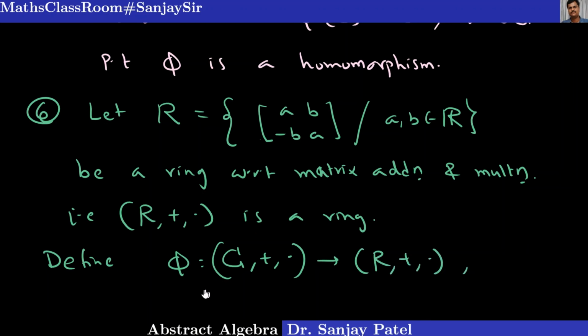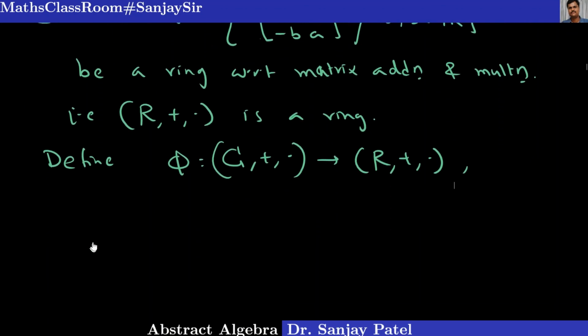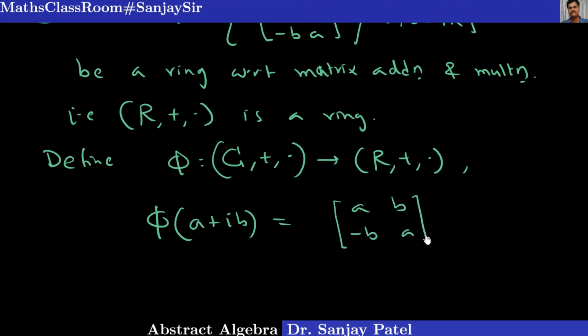We define this function phi in a natural way, because if you take any element from the complex number set, which is of the form a plus ib, then its value is defined as this matrix [a, b; -b, a]. This is for every complex number z equal to a plus ib belonging to C. Then you can again prove very easily that phi is a homomorphism.